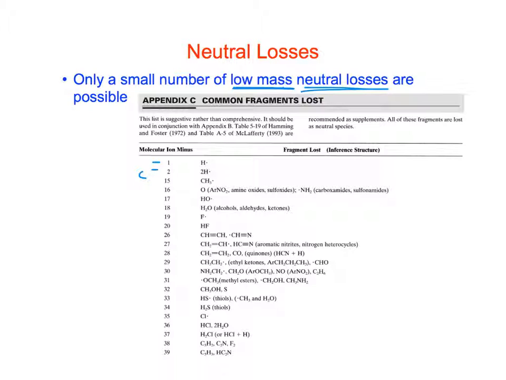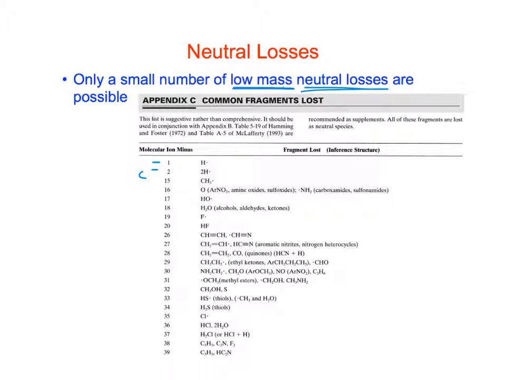So if we had a molecular m/z of 100, and we saw another fragment at 85, we could assume that we lost the CH3 group. Yeah, that would be a good assumption. But if we saw another major ion that looked like a loss of 5, that would suggest that the highest ion we're seeing is not actually the molecular ion.